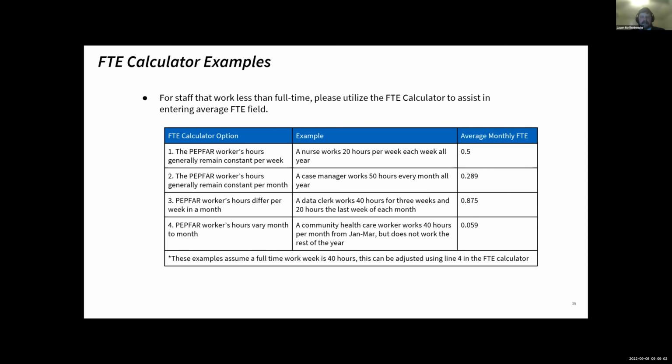Here are some examples outlined in this table, looking at whether their hours worked were consistent weekly, consistent monthly, varied weekly, varied monthly, and we can see the average monthly FTE in that right column. But how did we get there? And we can go to the next slide.